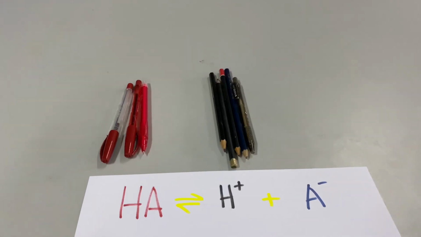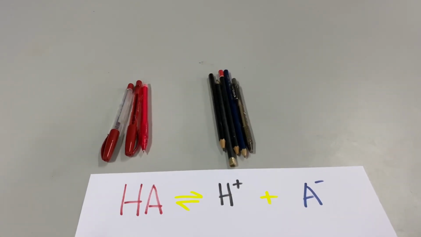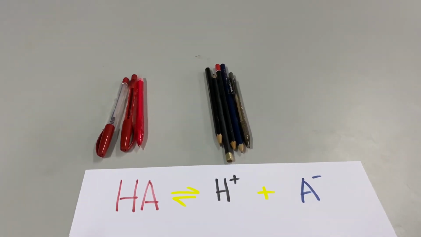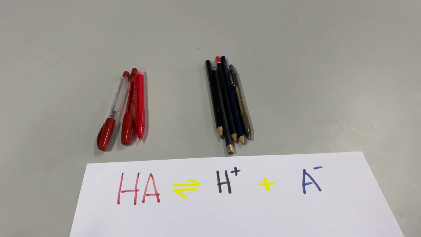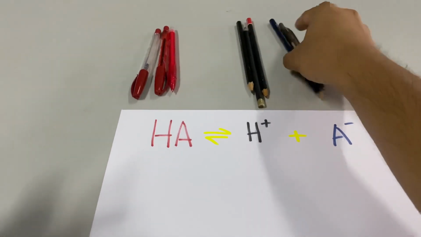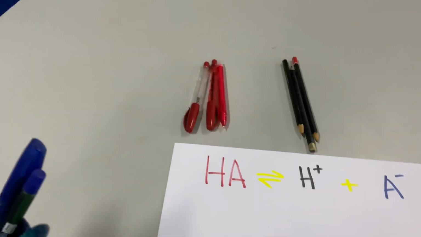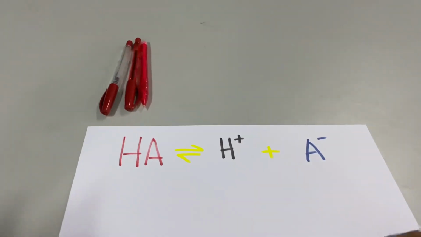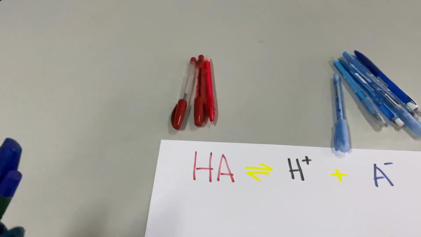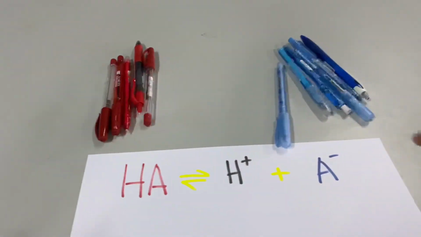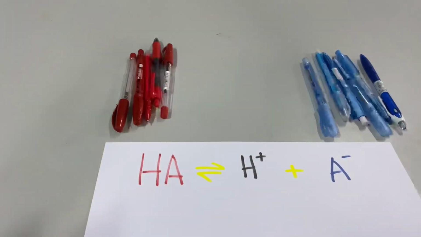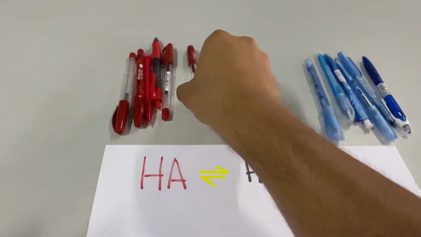Okay, so capacity is the ability, the amount of additional changes that the buffer can resist. So how do we have a very good buffer? A very good buffer is when you have a high concentration of both A minus and the weak acid. If you have a high concentration of A minus and weak acid, it is a very good buffer.